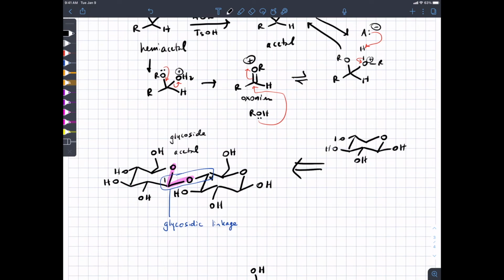If you were to try to draw a mechanism of this, you would need to show taking one glucose molecule and getting it to the oxonium ion stage. And then at that stage, you would use the OH group on carbon 4 of the other glucose to come in as the alcohol and be the nucleophile.